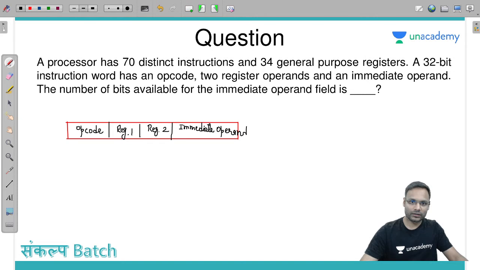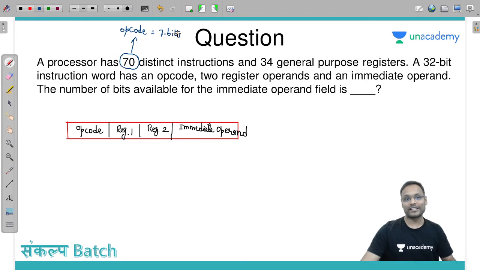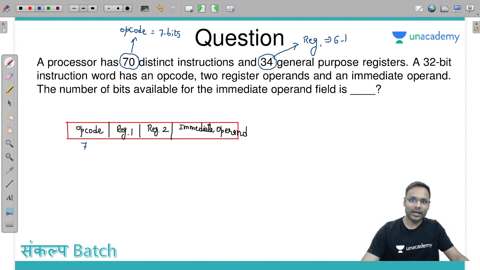Right? Now how many bits for opcode depends here. 70 instructions are there, then how many opcode bits are required? 7 bits. Why? Just because using 6 bits you can have only 64 distinct instructions. So 7 bits. 34 registers. For 34 registers, how many bits are required for register numbering? Register numbering will be of 6 bits. Why? 5 bits के साथ only 32 combinations.